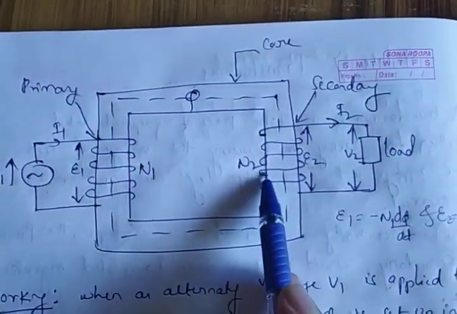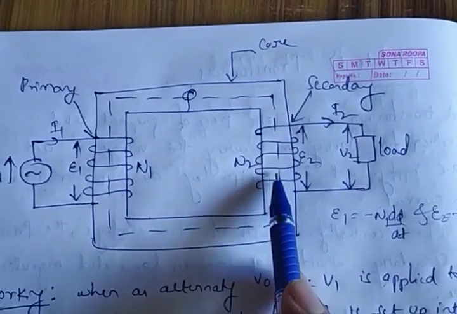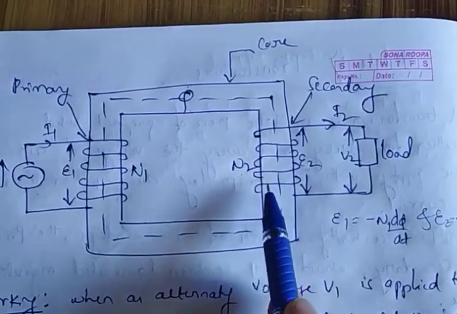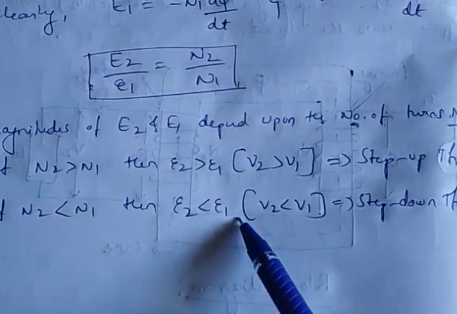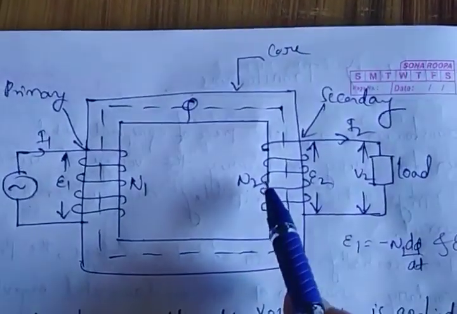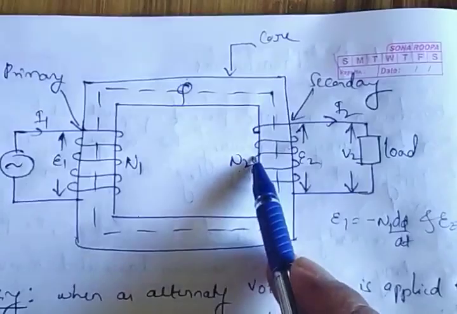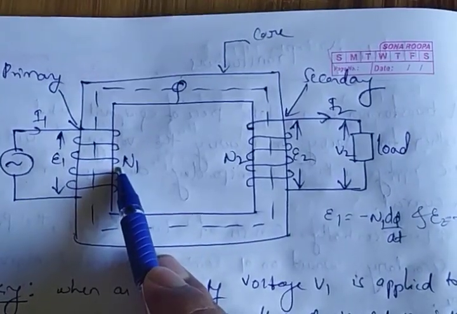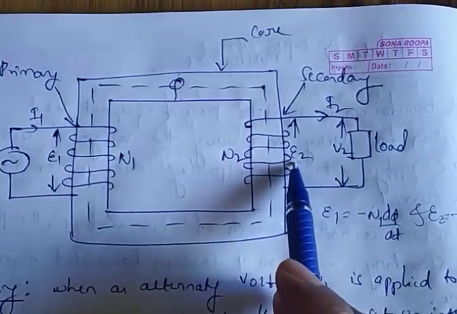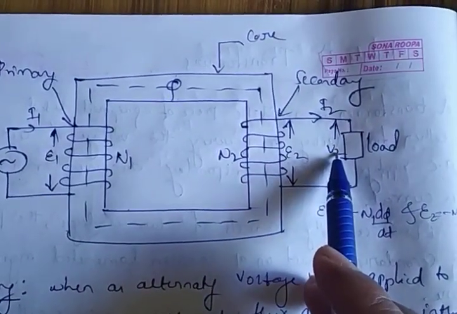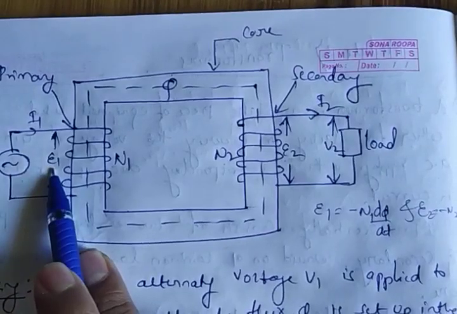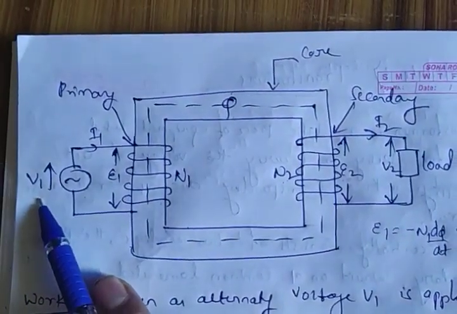Then this type of transformer we call a step-up transformer. Similarly, in the second case, if N2 is less than N1, or E2 is less than E1, or V2 is less than V1, it means the number of turns in the secondary is lesser than in the primary, or the secondary induced EMF or voltage is lesser than the primary induced EMF or voltage.